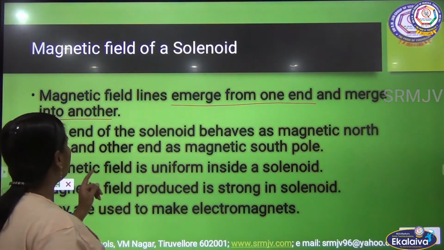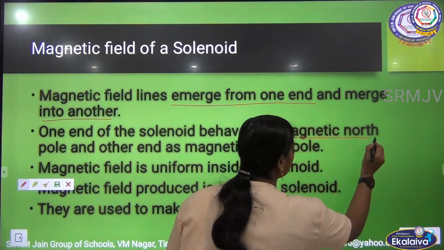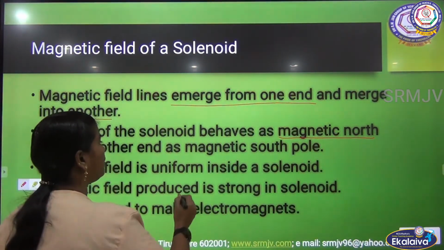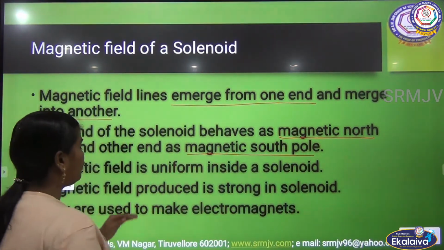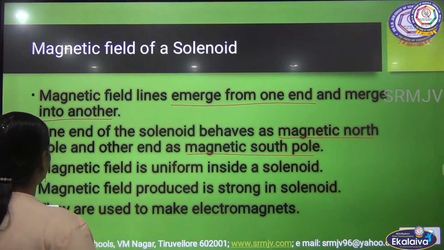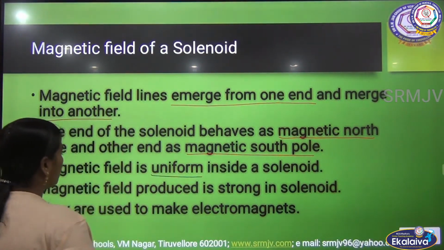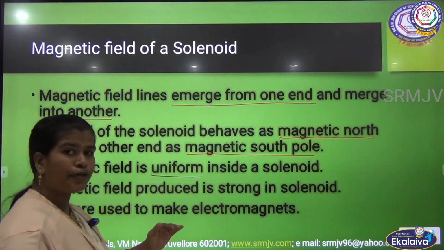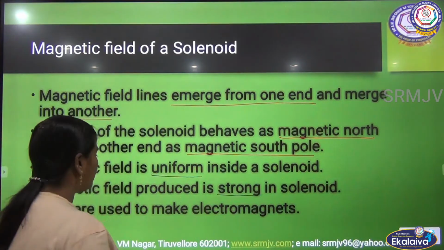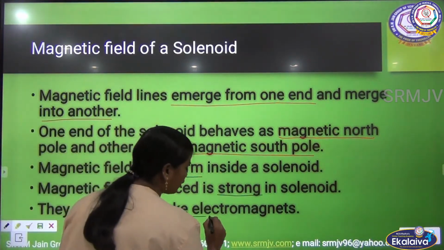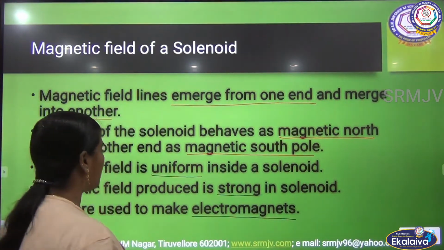One end of the solenoid behaves as a magnetic north pole, and the other end behaves as a magnetic south pole. Inside the solenoid, the magnetic field is very uniform, and the magnetic field produced by a solenoid is very strong, and it is used to make electromagnets.